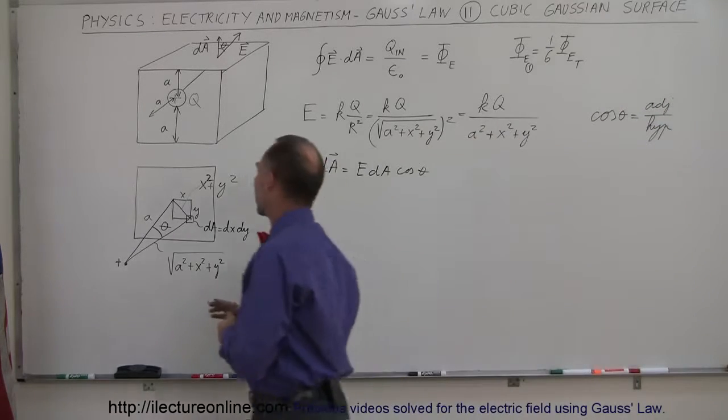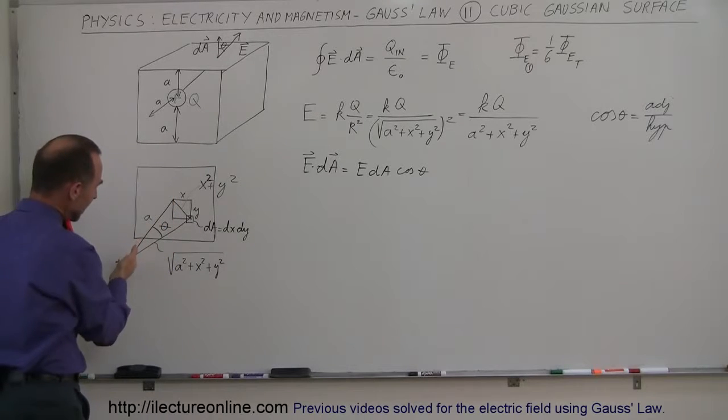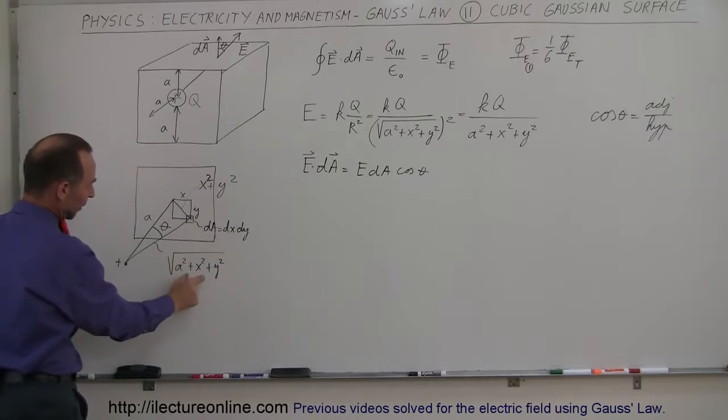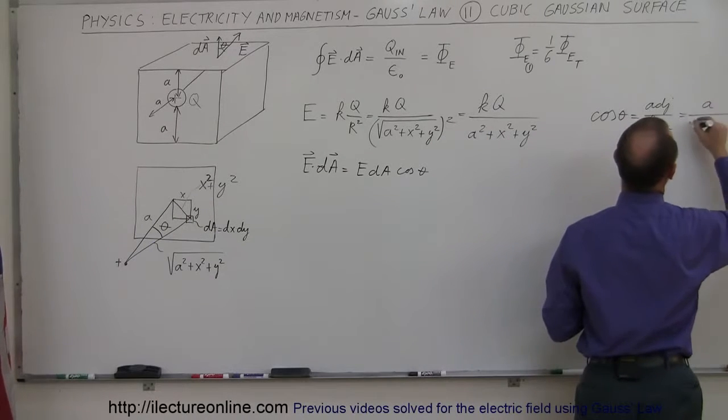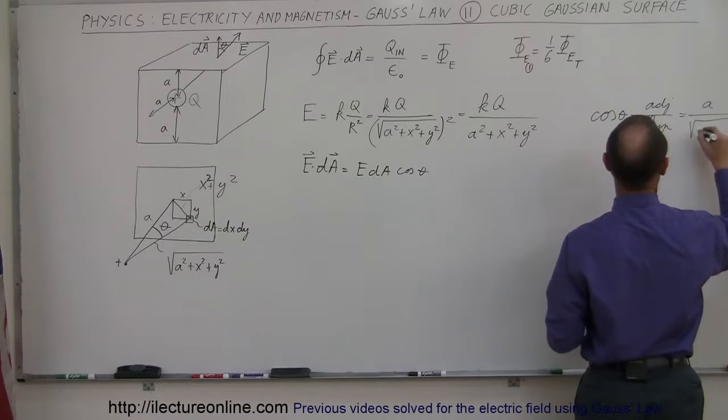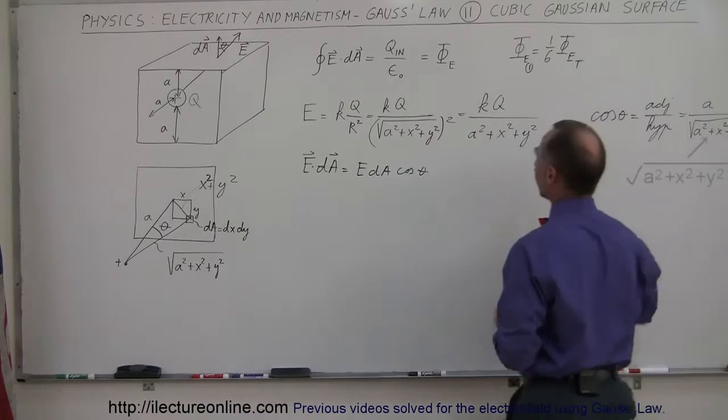Here you can see that the adjacent side would be a, and the hypotenuse would be this quantity right here. So we can write this as a divided by the square root of a squared plus x squared plus y squared. That would be the cosine of theta.